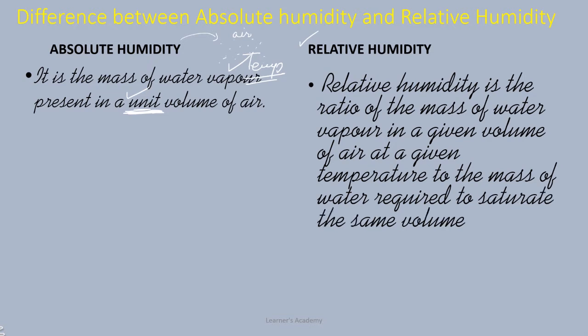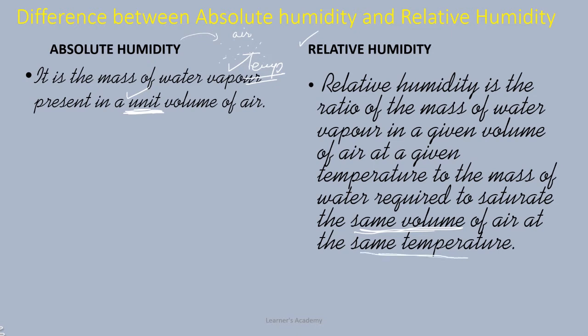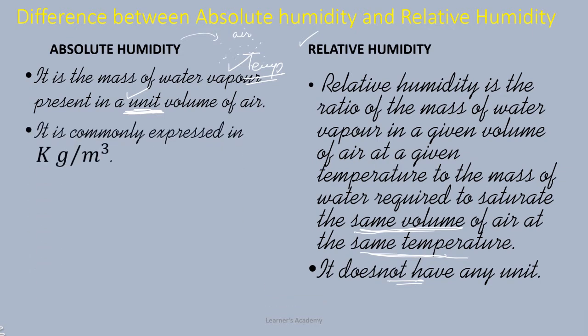Now, relative humidity does not have any unit, whereas the absolute humidity can be measured in terms of kg per meter cube. All right, so this was all about the difference between absolute humidity and relative humidity.